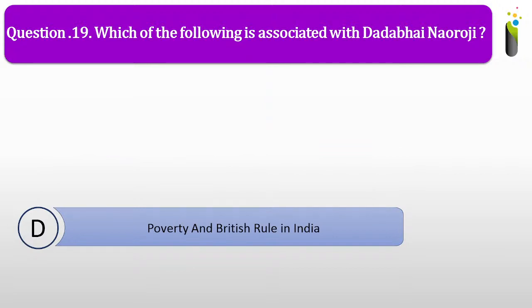So the answer for question number 19 is D. Poverty and Un-British Rule in India is associated with Dadabhai Naoroji. It's not "and British", it's "Poverty and Un-British Rule". I'm sorry for the mistake here.